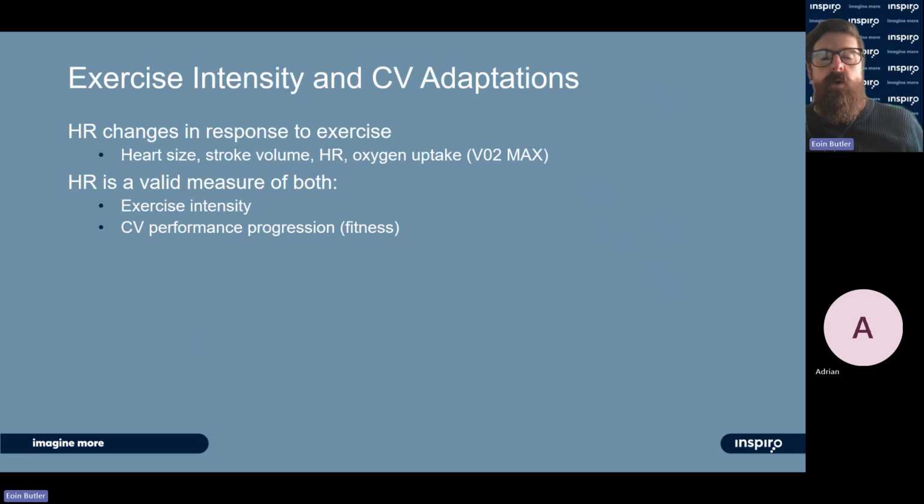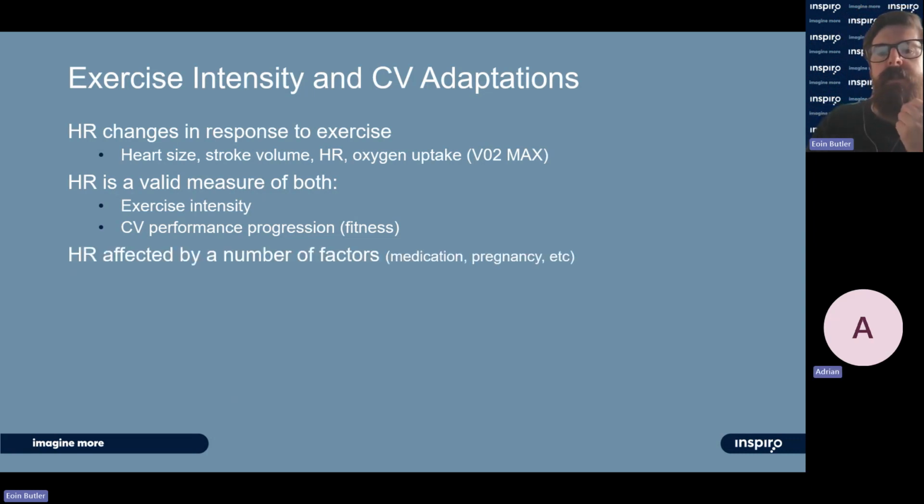Lower, yes. So over 6 weeks of training, that heart shouldn't have to work as hard as it did 6 weeks previous with the same activity level. So we can use it as a gauge to see if our clients are increasing their fitness level or not.